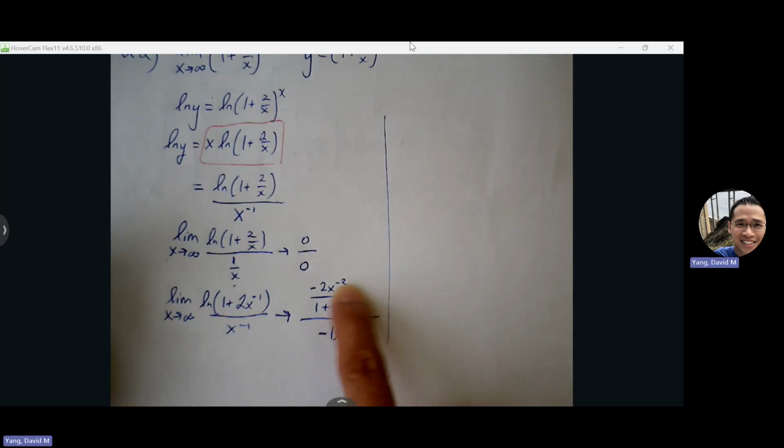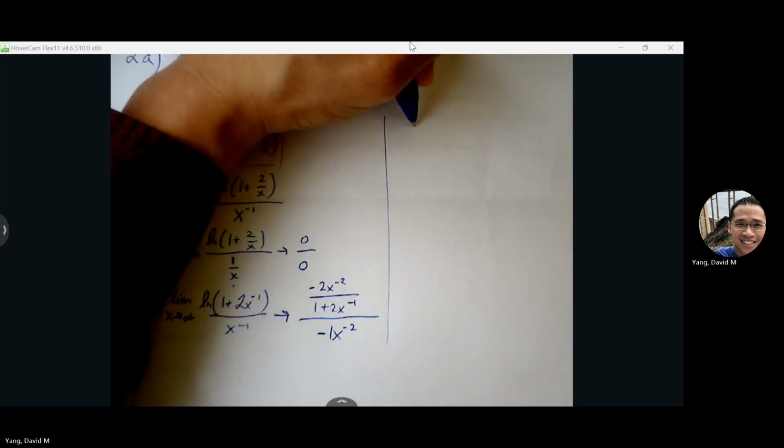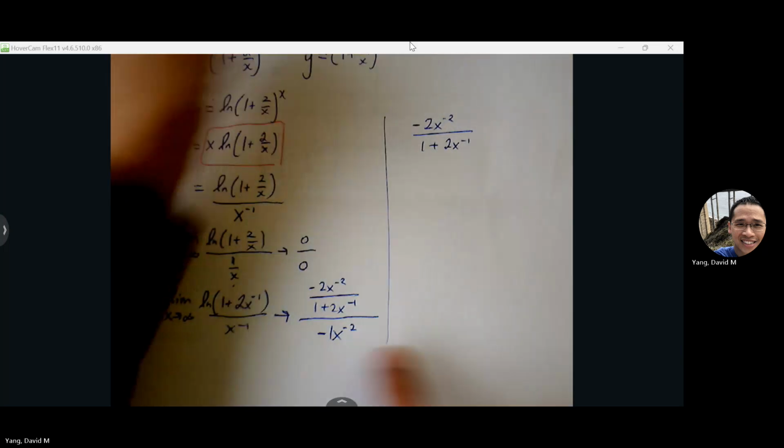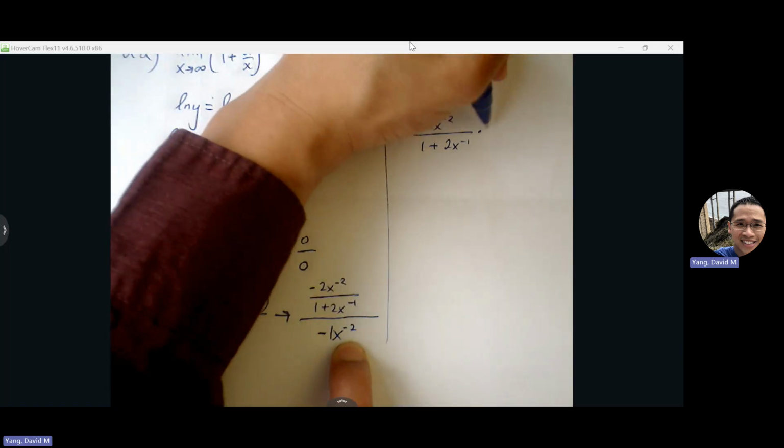So this is a little messy here, but I'm going to try to resolve this complex fraction. Dividing by a fraction is the same thing as multiplying by the reciprocal.